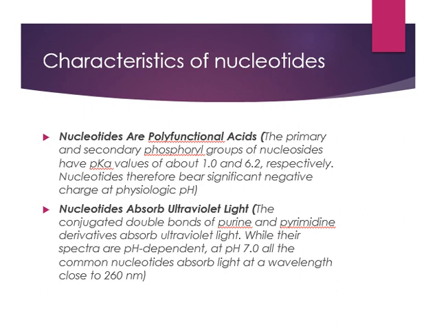And there is another property of nucleotides: they can absorb ultraviolet light. Due to the conjugated double bonds of purines and pyrimidines, they can absorb ultraviolet light at 260 nanometers.